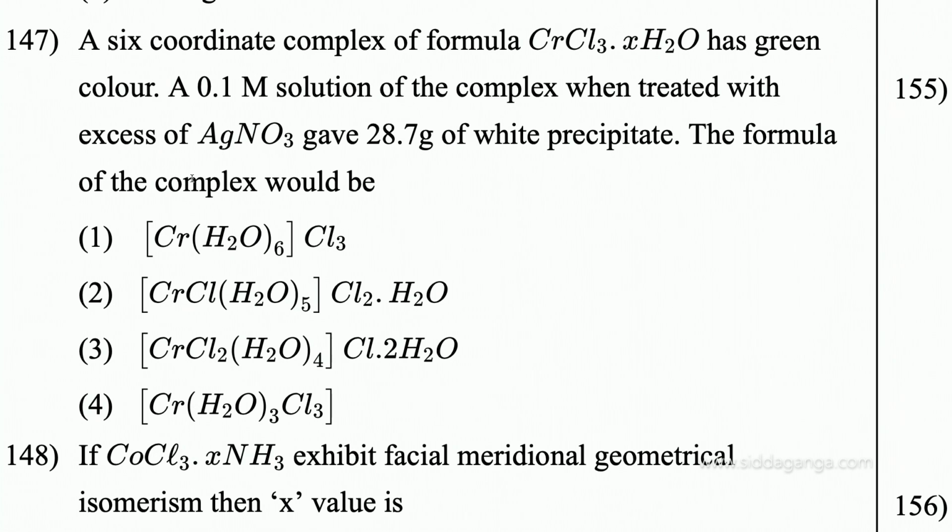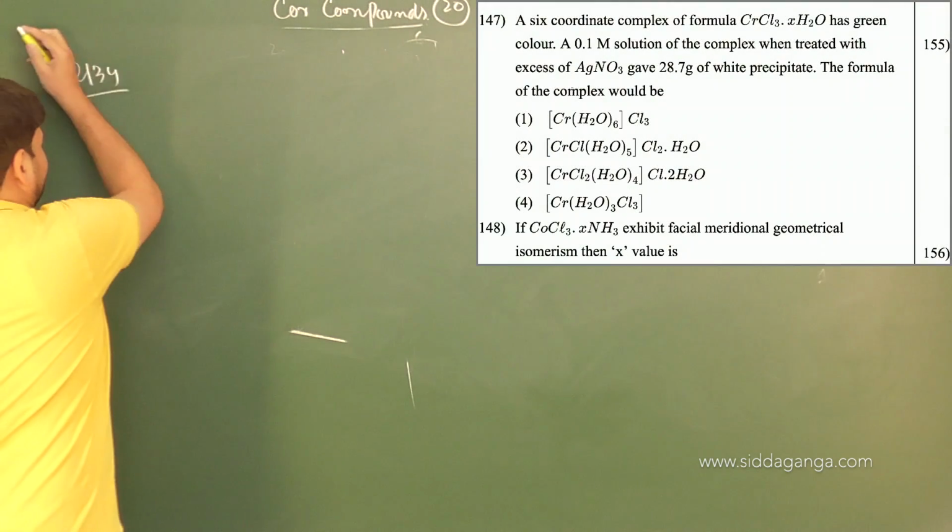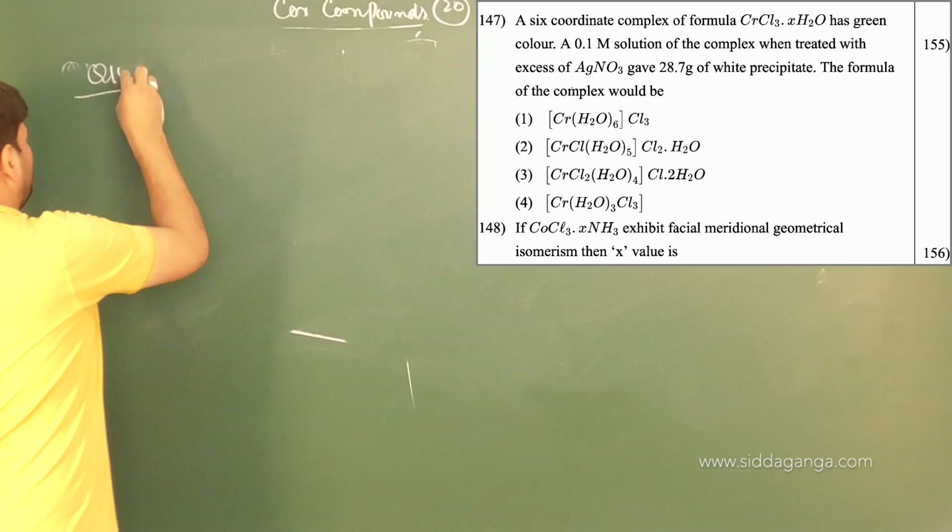Good. A 0.1 molar solution of the complex, when treated with excess of AgNO3, gave 28.7 grams of white precipitate. So with AgNO3 it will give you AgCl, but we don't know how many chlorines are free. The formula of the complex would be, good question.